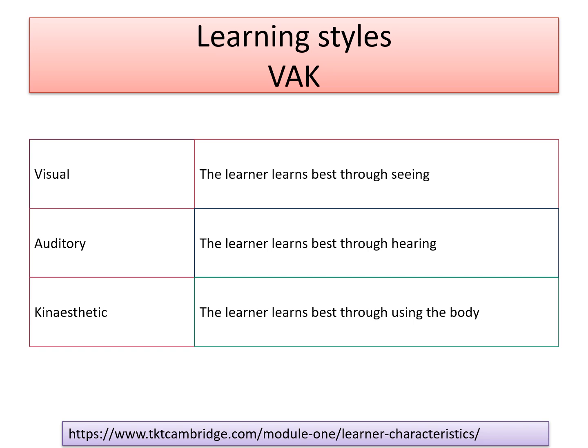Visual: the learner learns best through seeing. How? For example, watching video, reading the learning material, drawing, mind maps, or learning concepts. But auditory learners: the learner learns best through hearing.